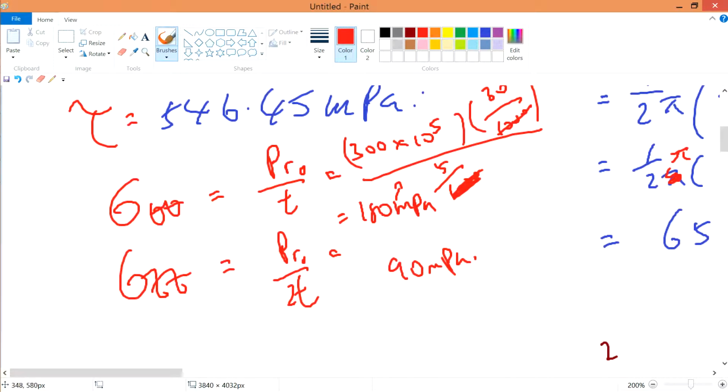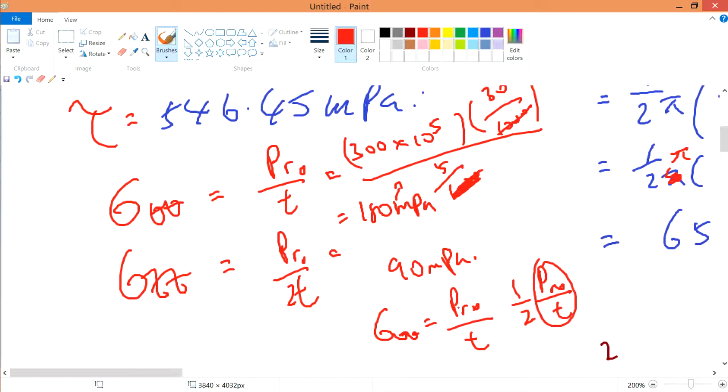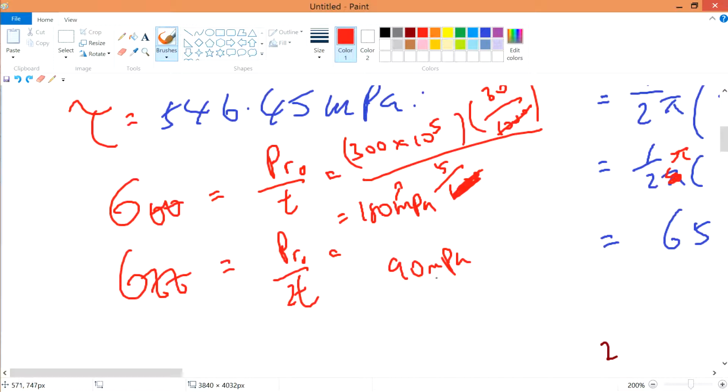It's because sigma theta theta is equal to PR naught over t, and sigma zz is PR naught over 2t, or in other words, half of sigma theta theta. I think this is a better way to express what I'm doing. 180 times half, that's why I have 90 MPa here.